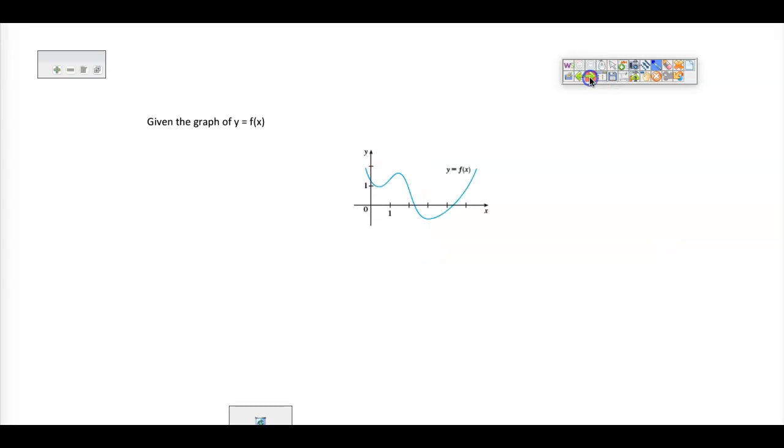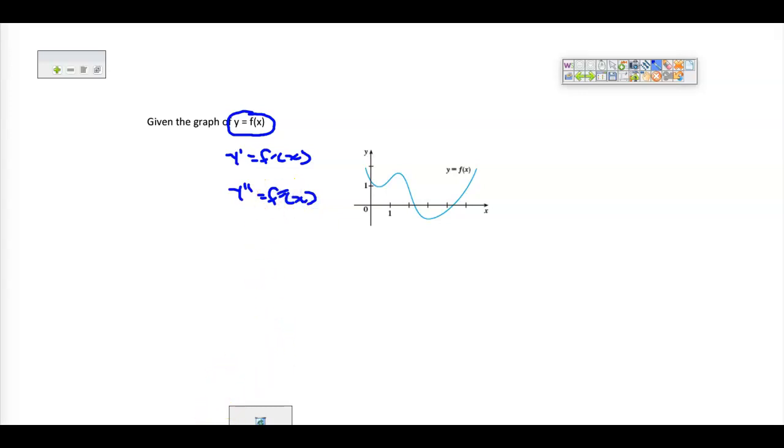So, there's another relationship that we want to start thinking about. Given characteristics about a function, would we be able to sketch the graph of the first derivative, which would be f prime of x, and the second derivative, y double prime, which equals f double prime of x?